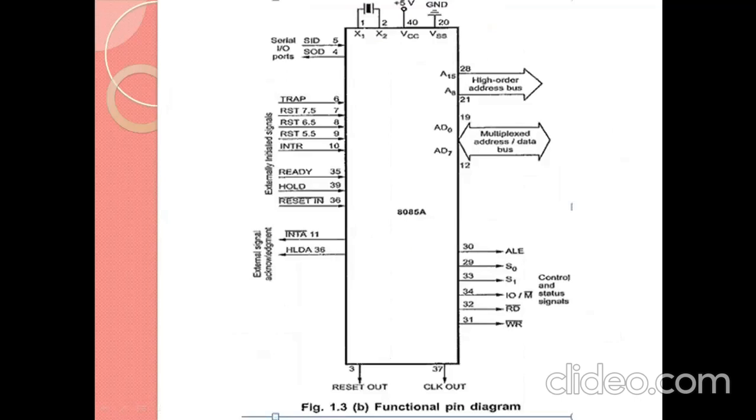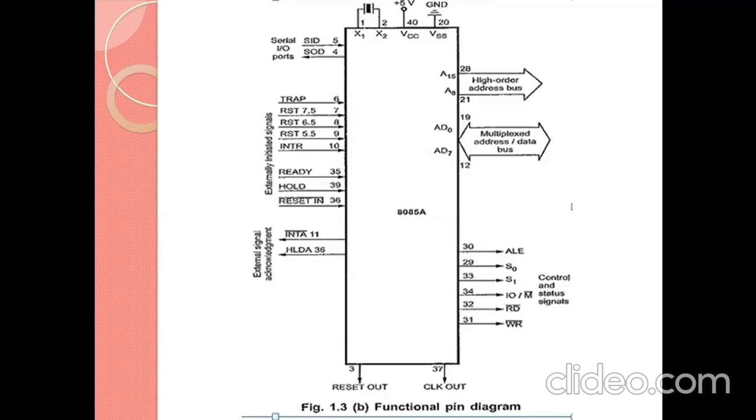Before going to the function of each pin, I will explain what is meant by the functional pin diagram. There are 40 pins in the microprocessor. These 40 pins are classified into 6 functions. One is called control and status signals. Another one is called address bus.